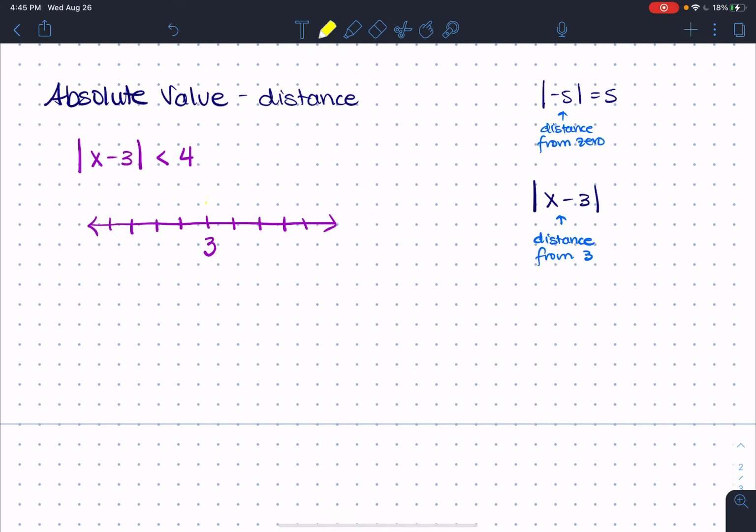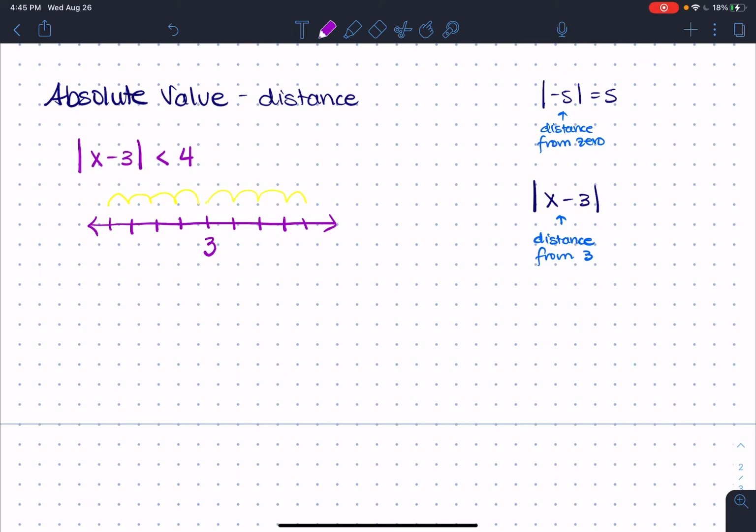So starting from 3, I can go 1, 2, 3, 4 units to the right. Or I can go 1, 2, 3, 4 units to the left. Ah, there we go.